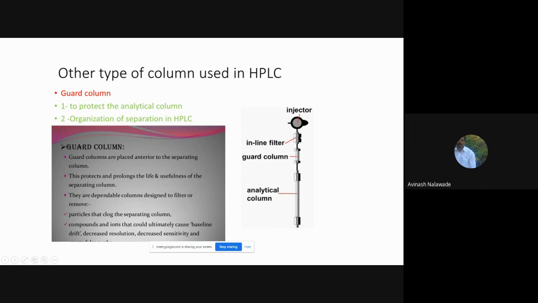Actually, it prevents particles that clog the separating column. म्हणजे separating column किंवा तुमचा analytical column आहे त्याच्यामध्ये एखादा particle जाऊन clogging होऊ नये म्हणून before guard column मध्ये जर काही impurity असेल तर ती इथे डिपॉझिट होईल आणि तुमचा most important analytical column which is very costly, तो वाचू शकतो. And second, the compounds and ions that could ultimately cause baseline drift, decrease resolution and decrease sensitivity, all those compounds that can cause problems in the analytical column are absorbed in this guard column. So this is the main analytical column and this is the guard column. So this is about the guard column.